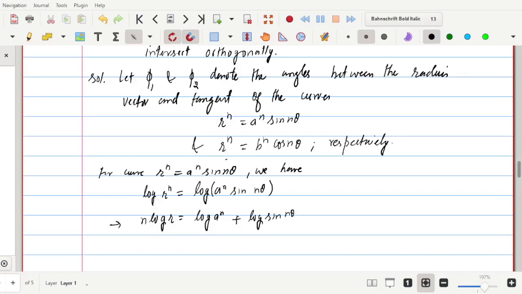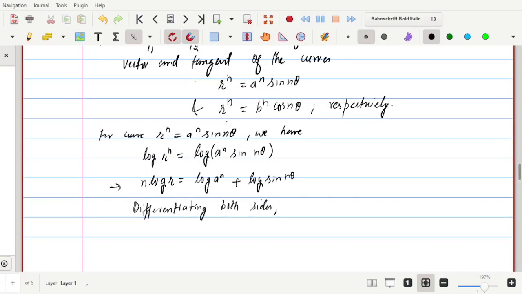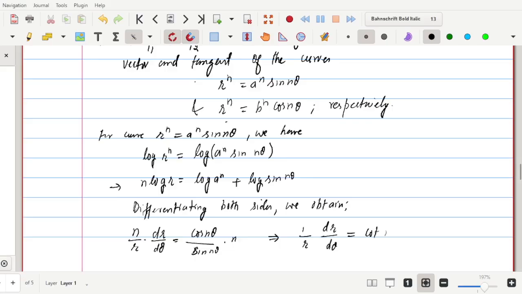Now differentiating both sides, the derivative of n log r will be n by r into dr by d theta. Now n log a is constant, so its derivative is 0, and log sin n theta has derivative cos n theta divided by sin n theta into the derivative of n theta, that's equal to n. So this gives 1 by r dr by d theta is equal to cot n theta.